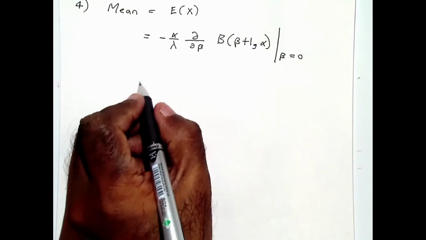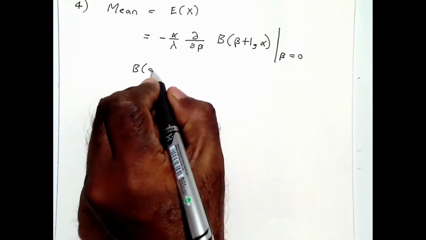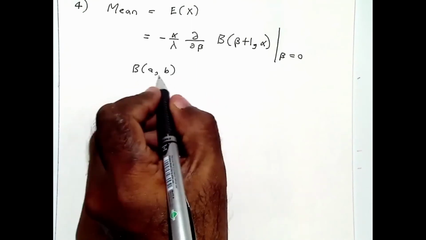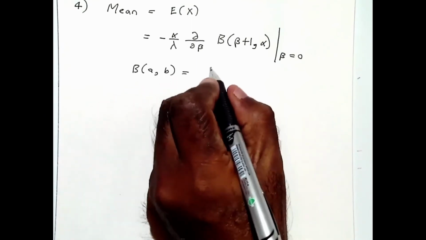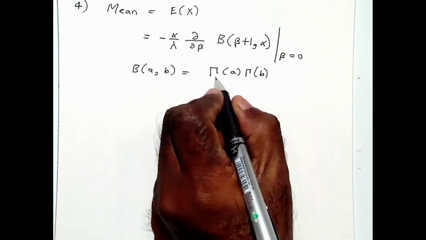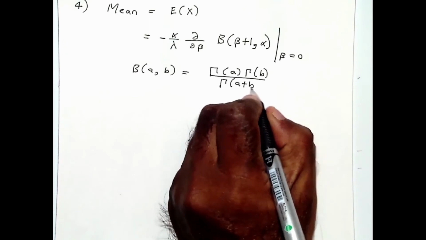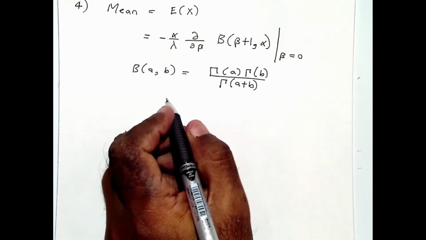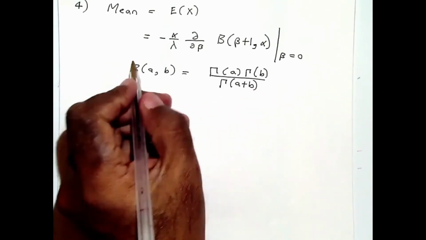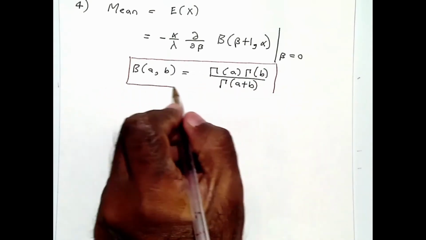Right. Now, one property of a beta function is as follows. If you have a beta function, that can also be written as this. So this is a well-known property of a beta function.